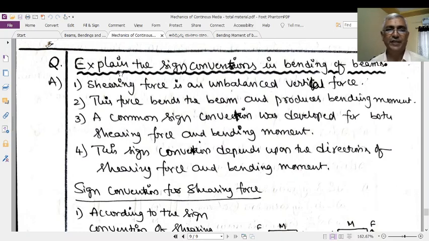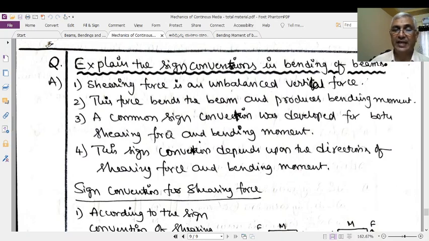We know that shearing force is an unbalanced vertical force. This force bends the beam and produces the bending moment. The common sign convention was developed for both shearing force and bending moment, because bending moment is due to shearing force.